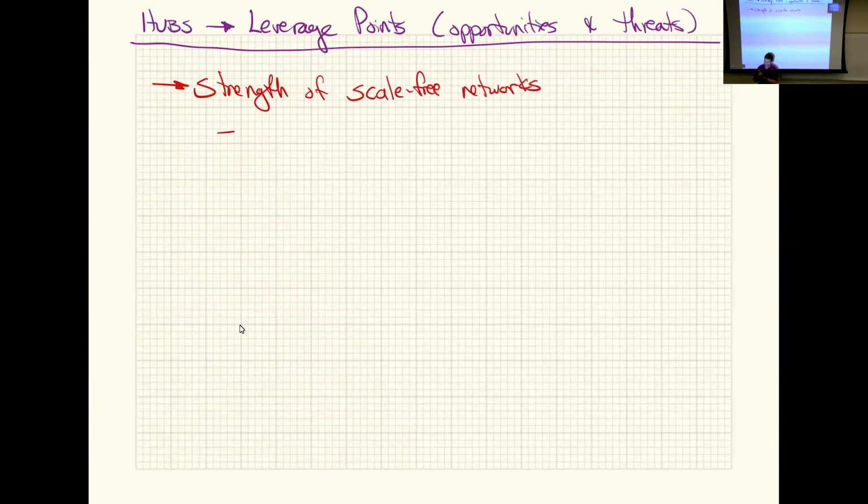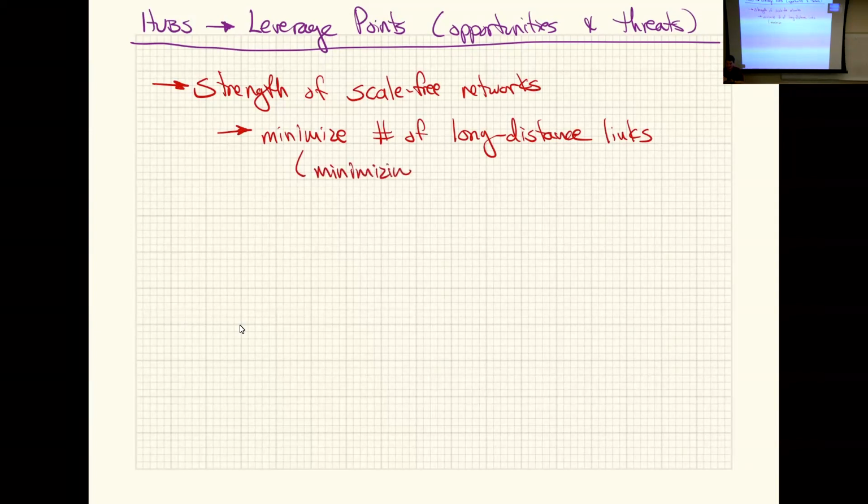is that they minimize the number of long distance links. In the brain, that might mean minimizing energy use, because you can build local structures and don't have to build big long structures.